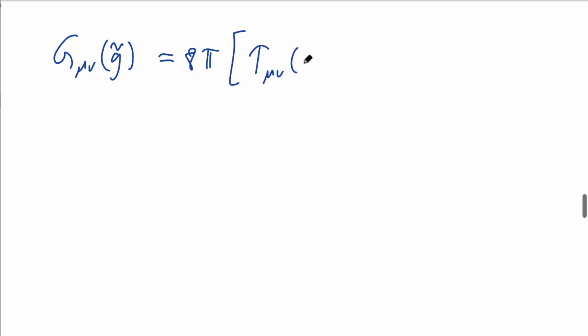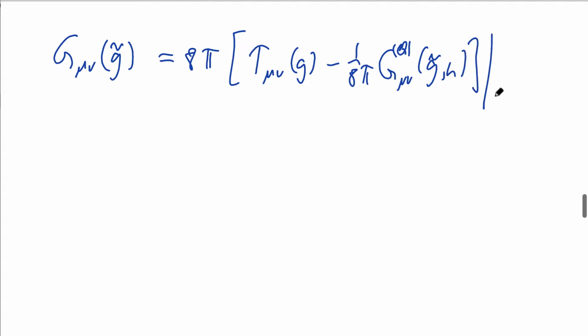We have the Einstein tensor for the background metric equals 8 pi times T mu nu minus 1 over 8 pi G quadratic mu nu. This means we're extracting the low frequency part of the right hand side.